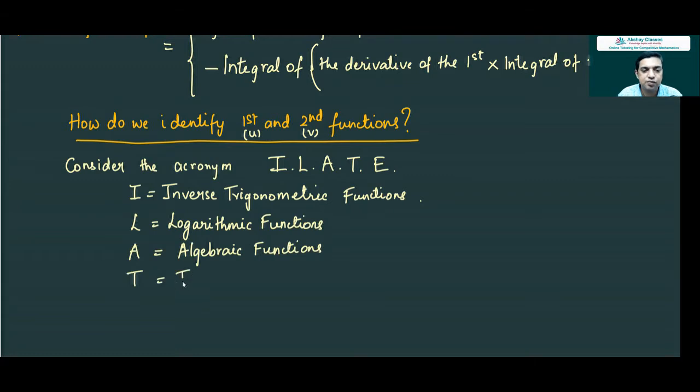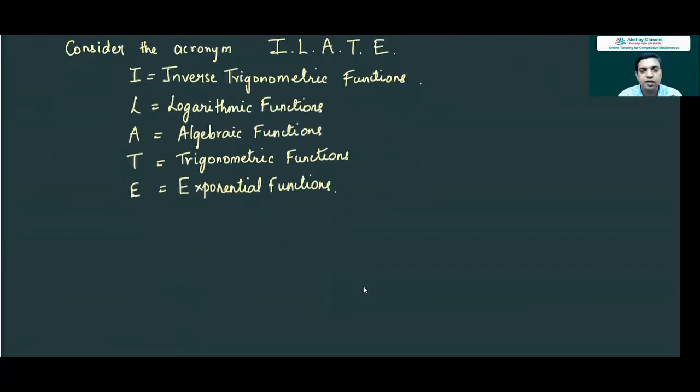T stands for trigonometric functions. And E stands for exponential. Do you remember now? Okay. Yes, sir.